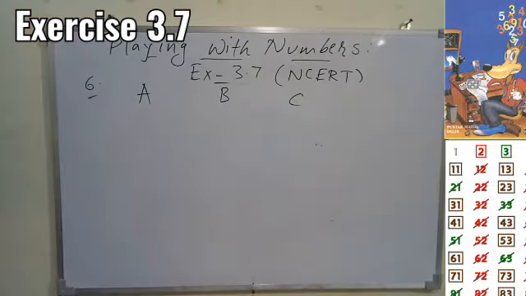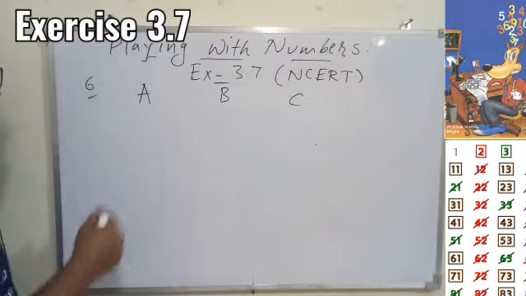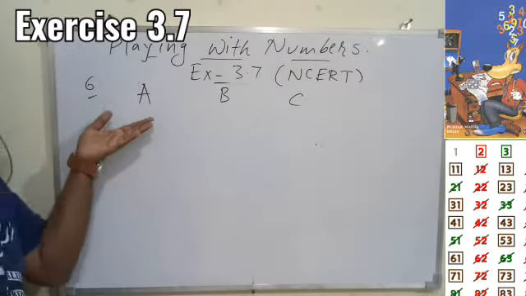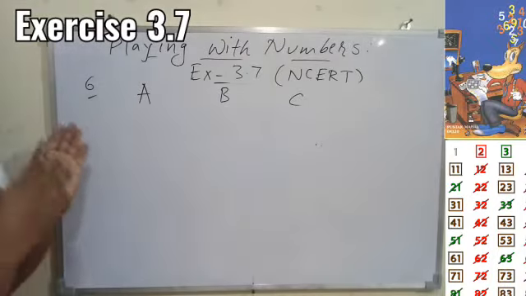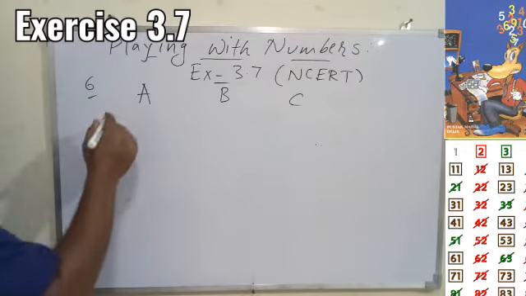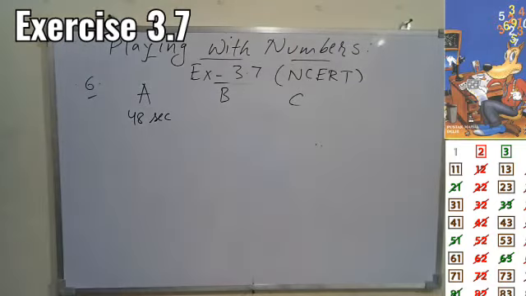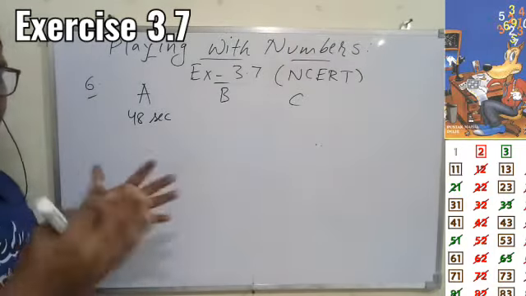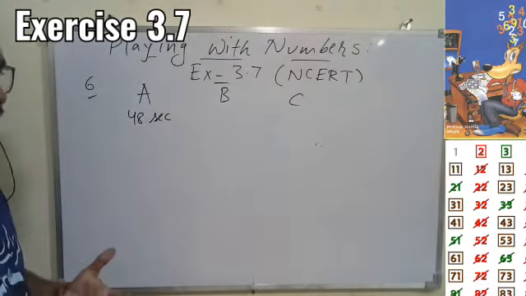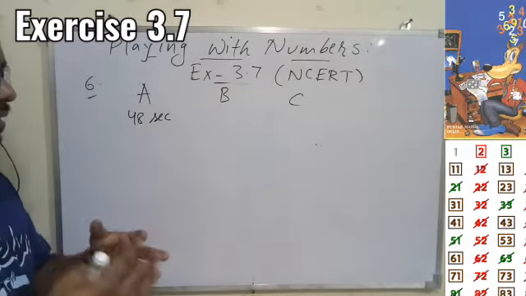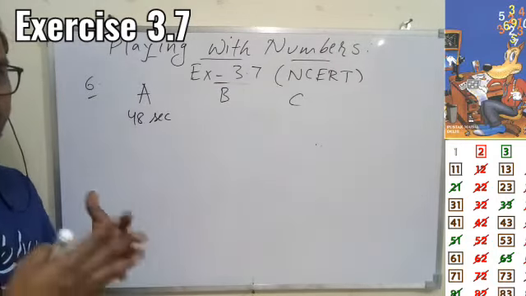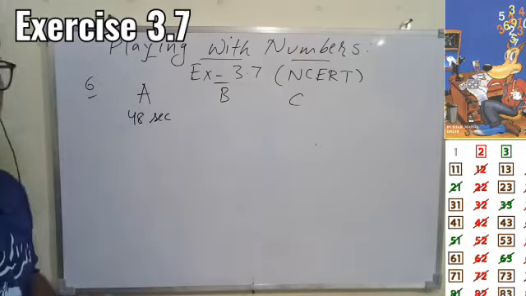This question says that there are three different traffic lights, A, B and C. For example, at traffic light A, the signal changes from red to green in 48 seconds. In traffic lights at different places, different timings are set. Sometimes at some places the red signal is for a longer time compared to others.